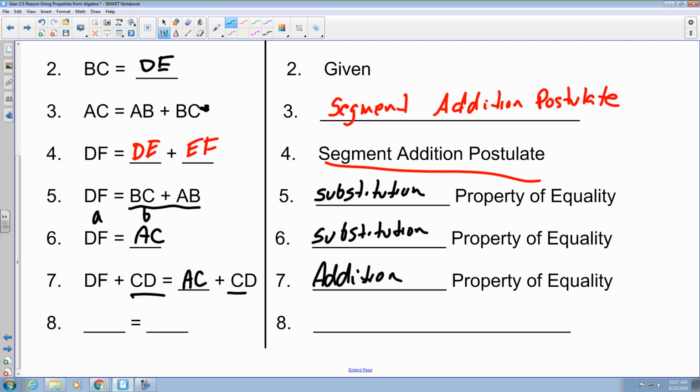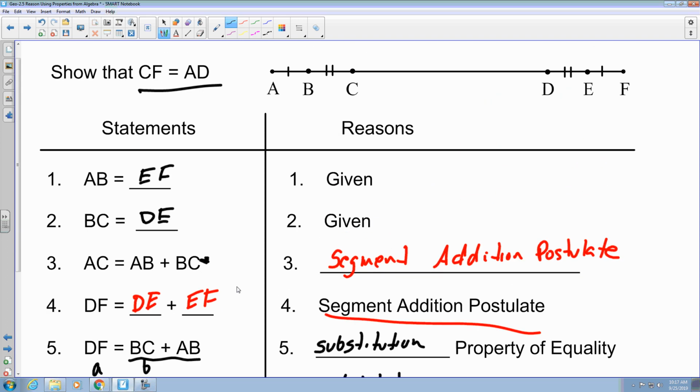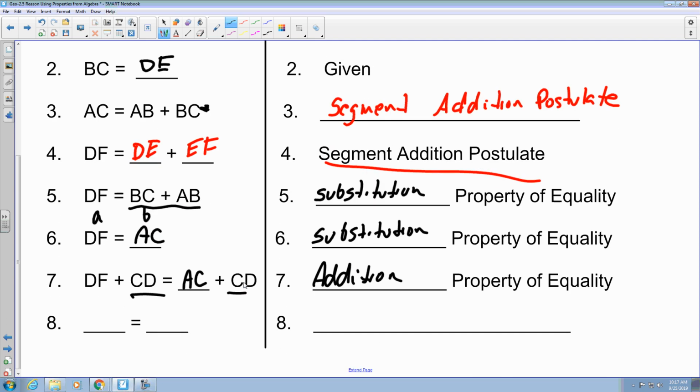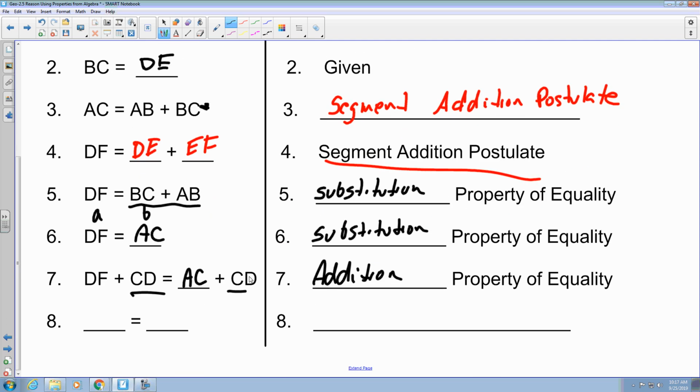And what we can say here from now is CF can be equal to AD because of the segment addition postulate.